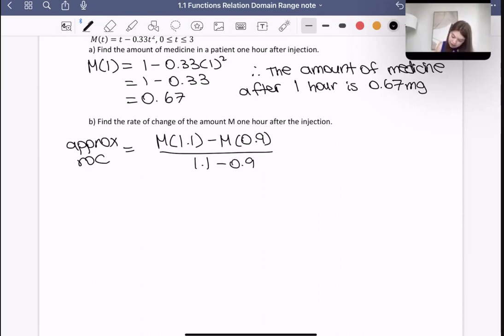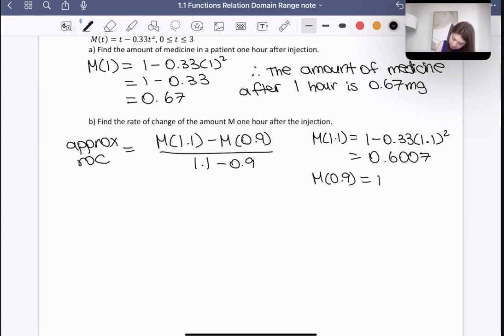So to do that, we need to plug these values in. So what's m of 1.1? That's going to be equal to 1 minus 0.33 times 1.1 squared. So what's 1.1 squared times 0.33? That's going to be 0.6007. And then what's m of 0.9?